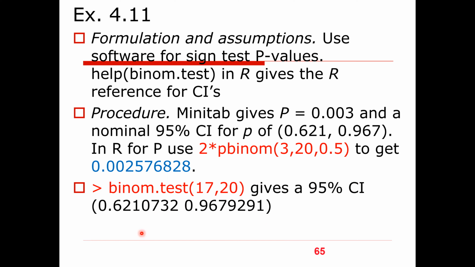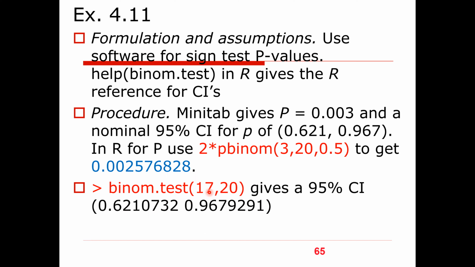But how do we get the confidence interval of the median, given this function only gives us the confidence interval of the p? What we do is adjust this value here until the confidence interval of p contains 0.5. Then this value here is the upper bound of the confidence interval of the median.